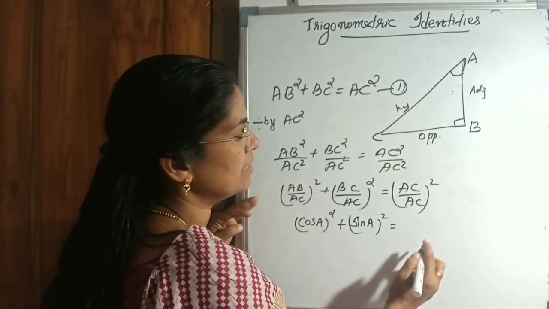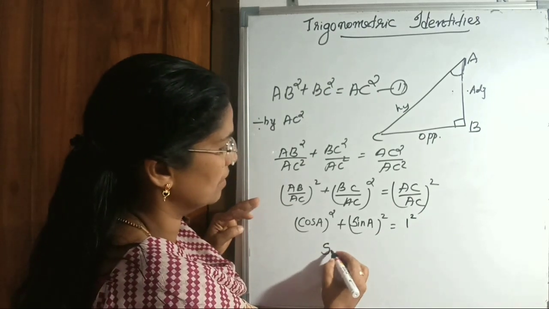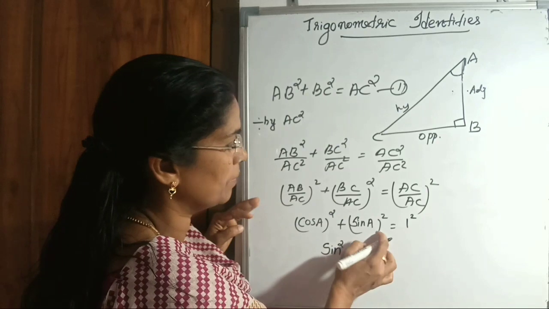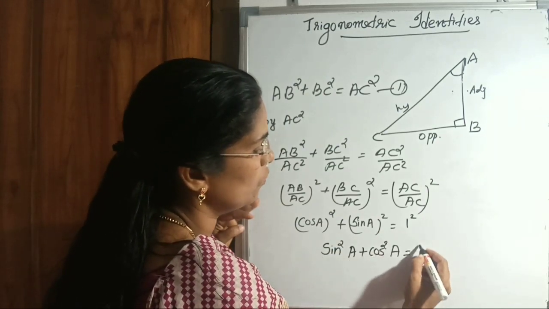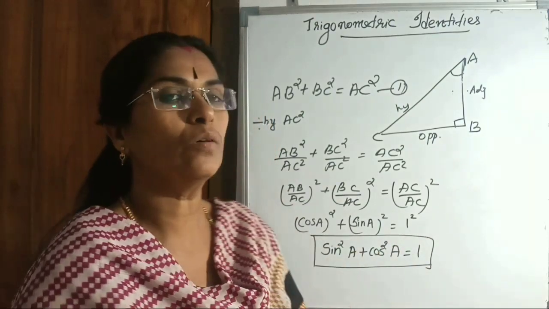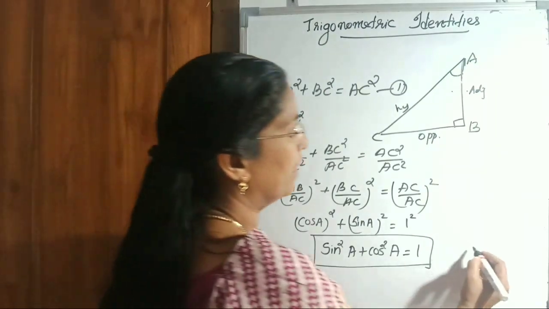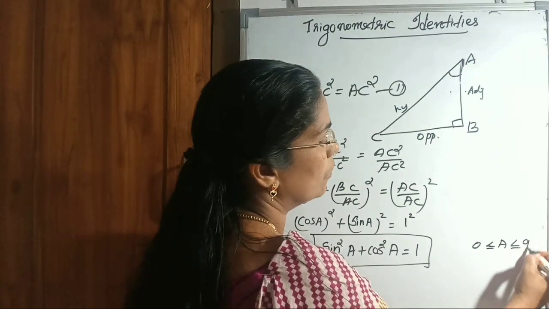What is AC by AC? That is 1 square. Removing the brackets, it becomes sin square A, and this time I am writing first, plus cos square A is equal to 1. This is the first trigonometric identity: sin square A plus cos square A equal to 1. This holds for all angles 0 less than or equal to A less than or equal to 90.